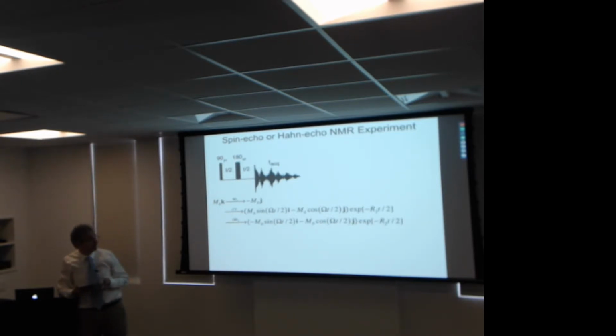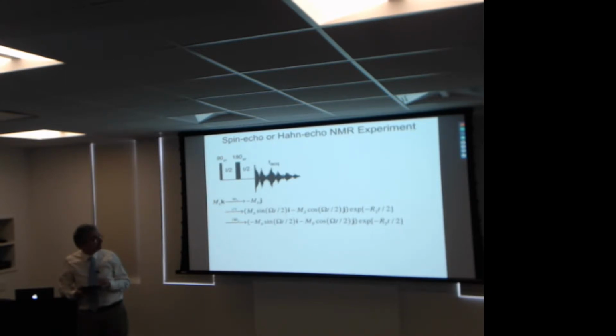And then, what does a 180-degree Y pulse do to Y magnetization? Doesn't do anything, right? The magnetization and the pulse are along the same axis, so there's no rotation. So nothing happens. I keep minus Y magnetization.